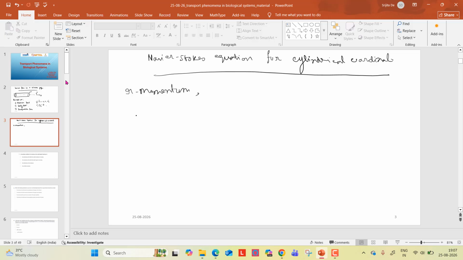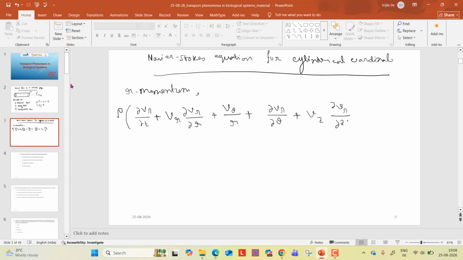So I am writing: rho into del Vr del t plus Vr del Vr del r plus V theta by r del Vr del theta plus Vz del Vr del z minus V theta square by r. This is the left hand side of the Navier-Stokes equation.